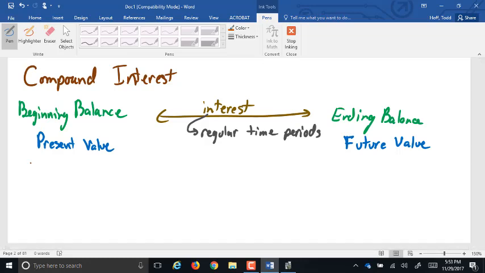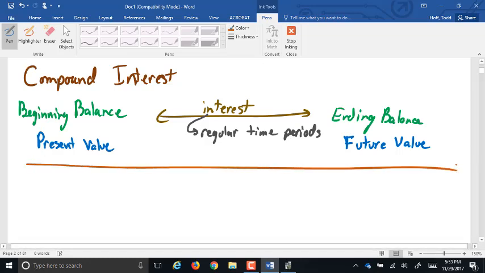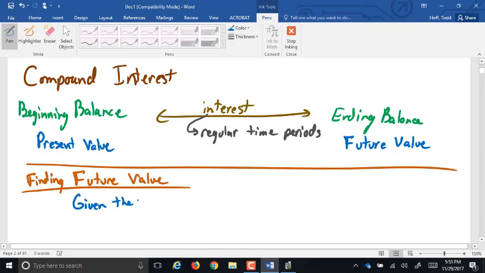So what we're going to start out with is finding future value. How do we look at a problem and know that we're trying to find the future value? Well, because we have to be given the present value.